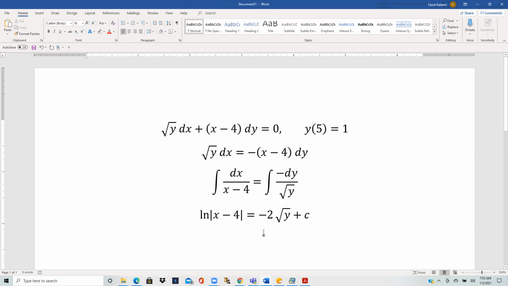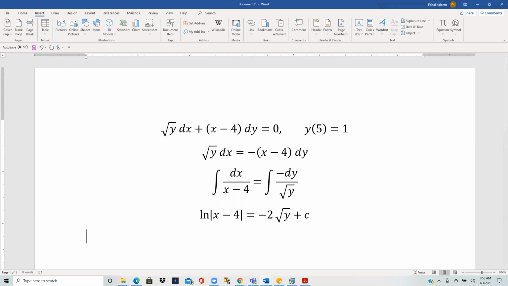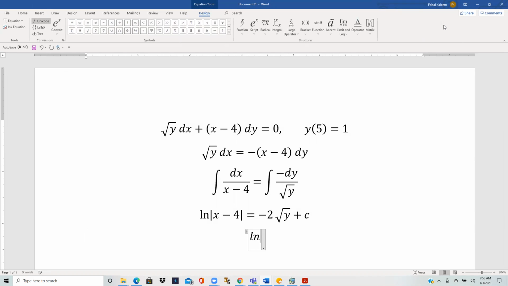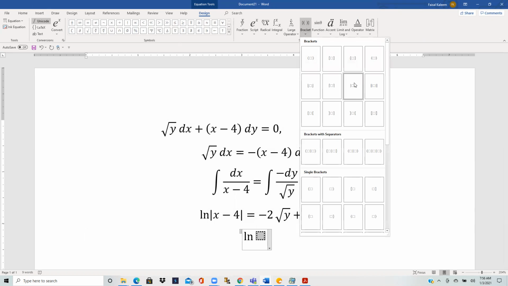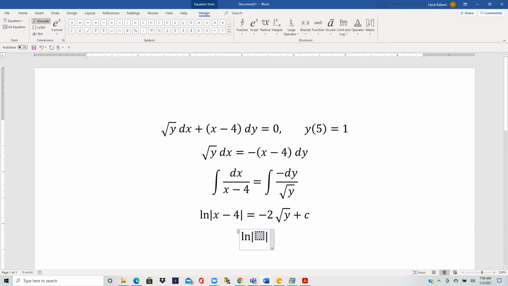And so you get ln of |5 minus 4|, which is ln of 1, equals negative 2 square root of 1 plus c.